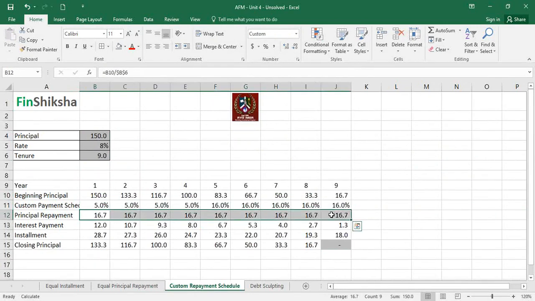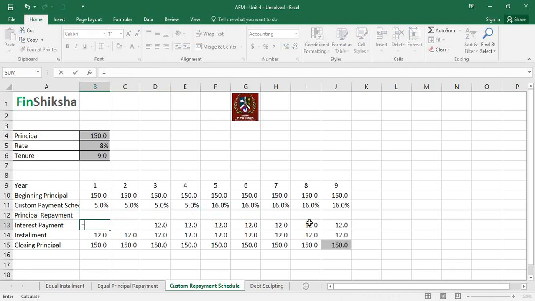My principal repayment is going to be a function of 5% multiplied by the initial value. Remember, we are only looking at the initial value. The balance will keep changing, but I'm taking a percentage of the initial value only, not the written down value. It's similar to straight line depreciation, where I have to take 5% or 16% of 150 and not what is left.